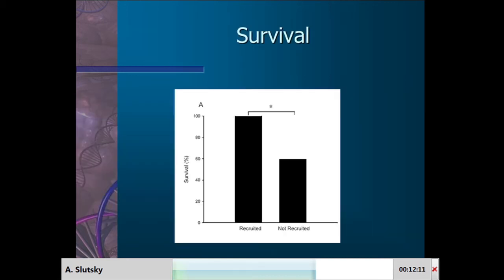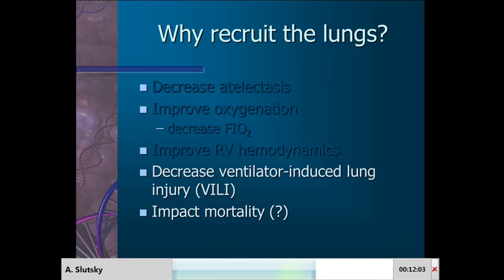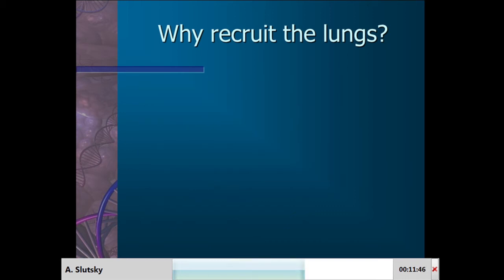And that was associated with a decrease in mortality in these rats. So we think about recruitment usually in terms of what I'm going to talk about next, decreased ventilator-induced lung injury, but it's also important to think about what happens with a recruited lung in terms of impact on right ventricular function. So I would say most people think about recruitment in terms of oxygenation, of course, but also in terms of can it be a way to decrease ventilator-induced lung injury.